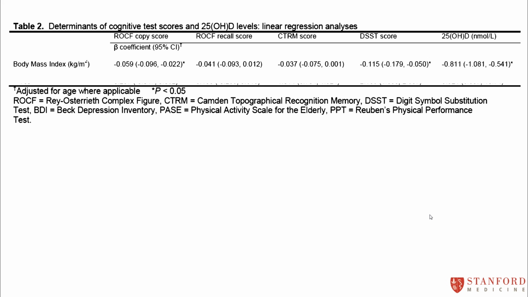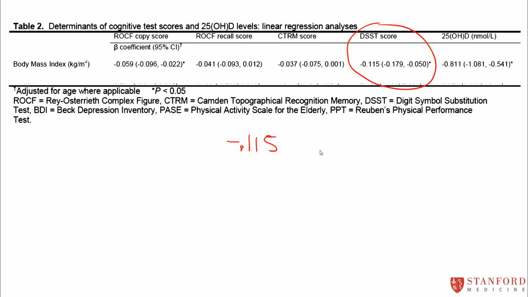Body mass index, a measure of how big you are, your size, is also a continuous predictor. Let's look at DSST score. As your body mass index goes up, actually your cognitive function goes down. Every 1 unit increase in BMI, which is measured in kilograms per meter squared, correlated to a 0.115 decrease in your DSST score.